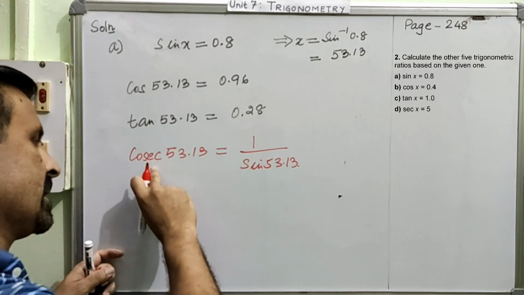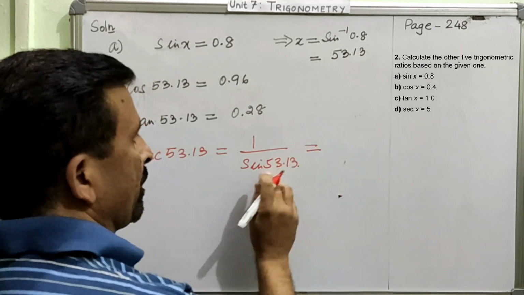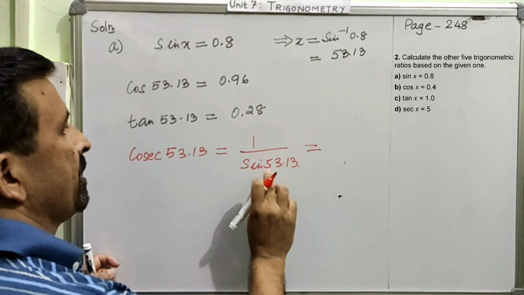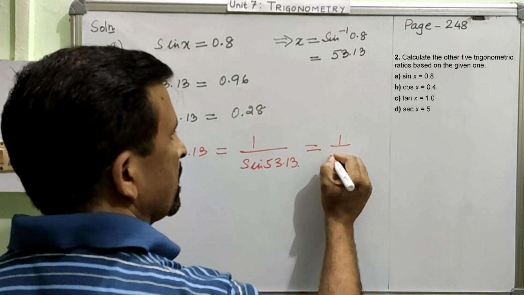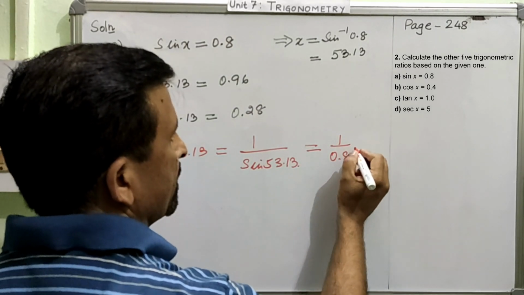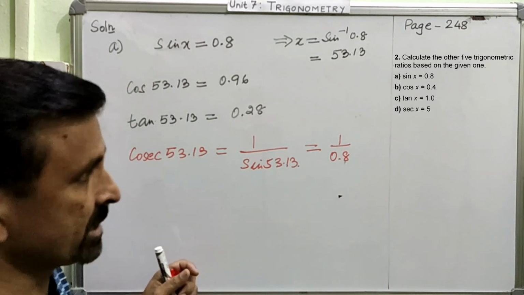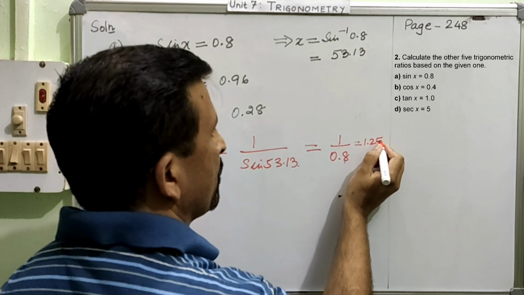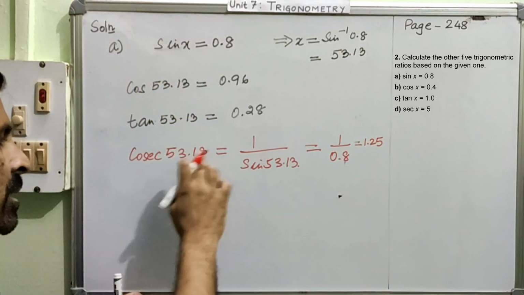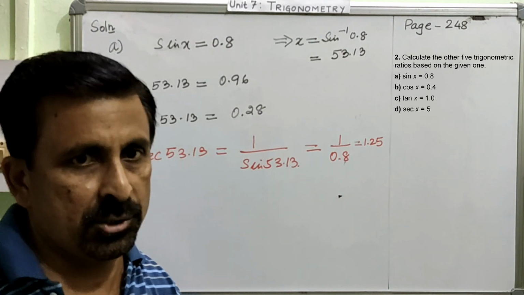And after this, everything is done because you have already calculated the value of this part, and this part value was equal to 0.8. So just write it 1 divided by 0.8, right? And 1 divided by 0.8 value is equal to 1.25. So this is how you are calculating the value of the reciprocal of the trigonometrical ratio.